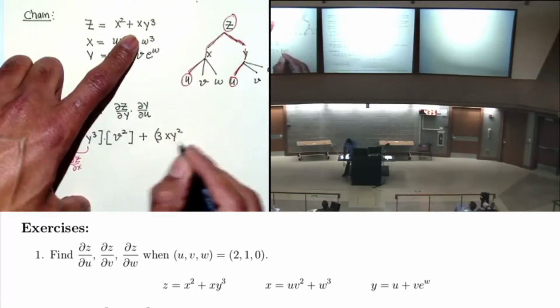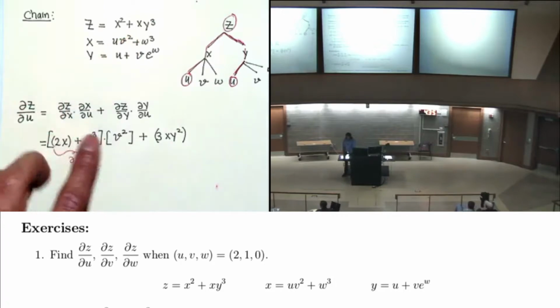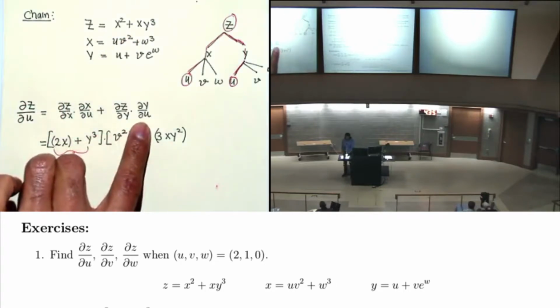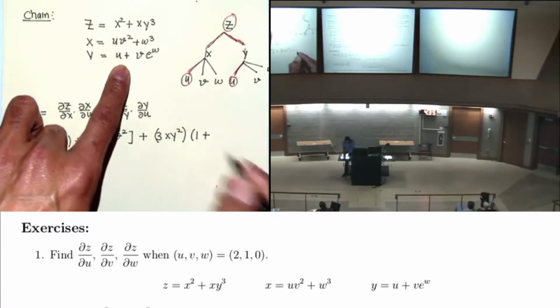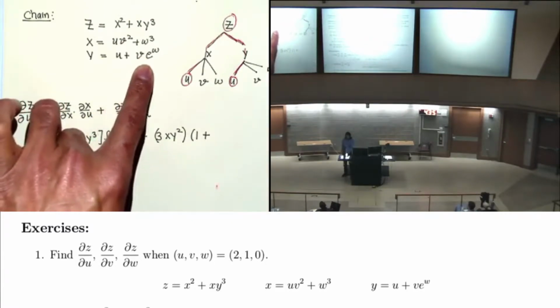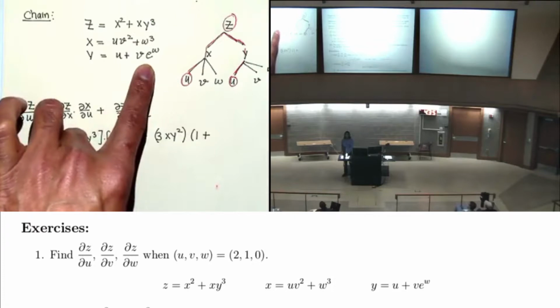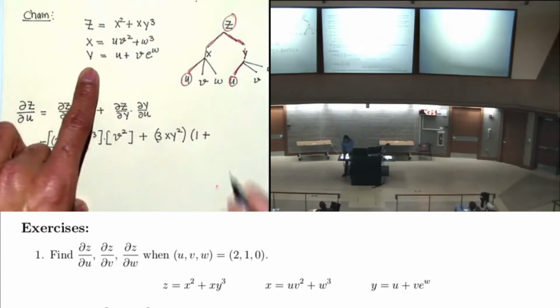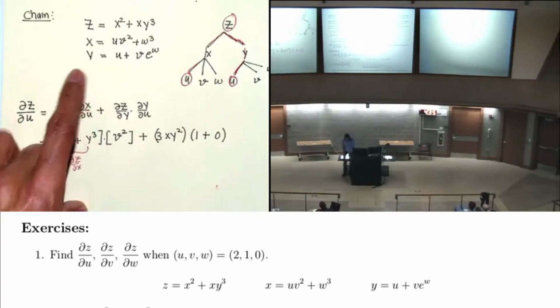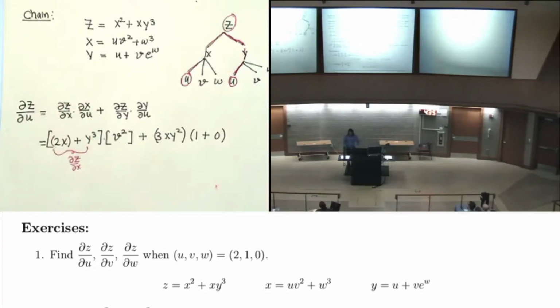This is the derivative of z with respect to y. And then the derivative of y with respect to u is going to be 1 plus v e to the w. They are both constants when I'm taking the derivative of y with respect to u, so this is going to be 0. So this is your answer.